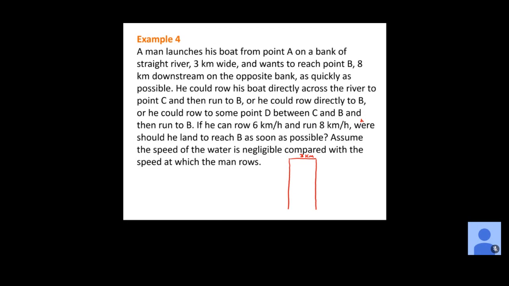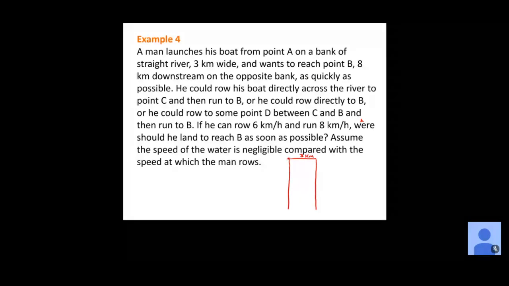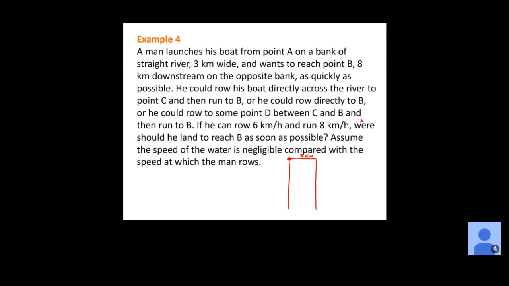What else do we know? Okay, he needs to go downstream 8 kilometers, right? So let's assume in this case that he's starting up here in the top left corner.